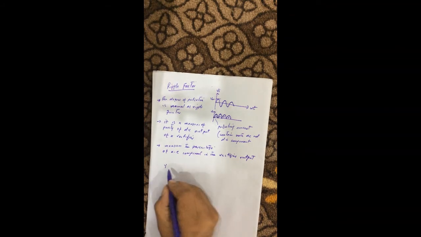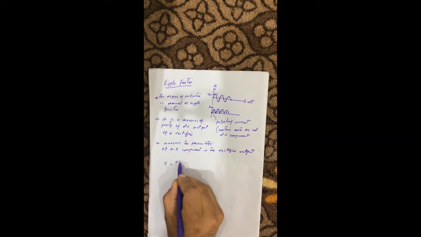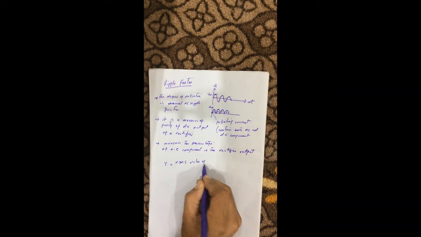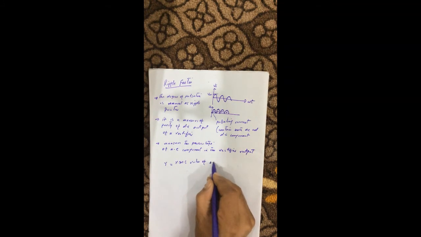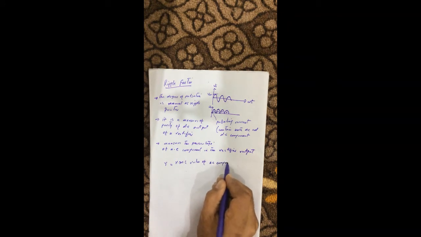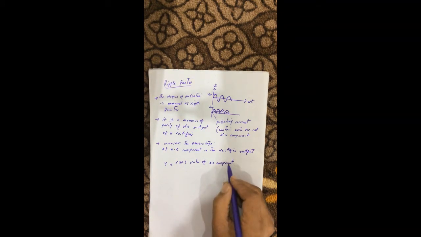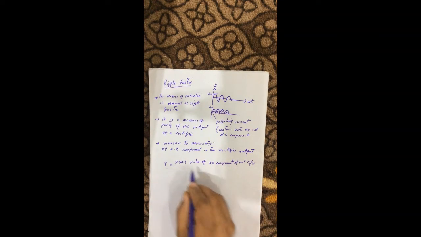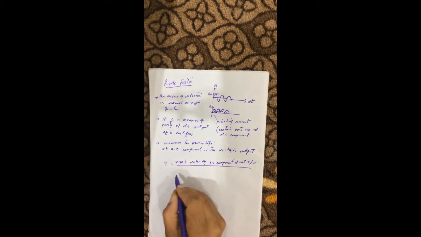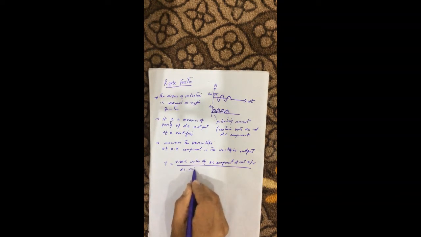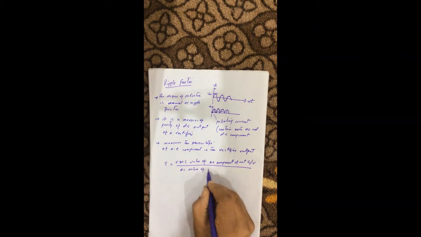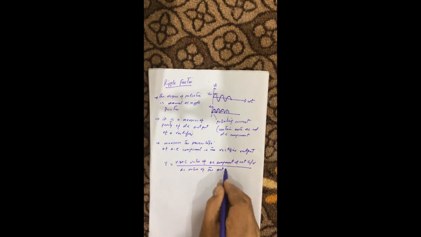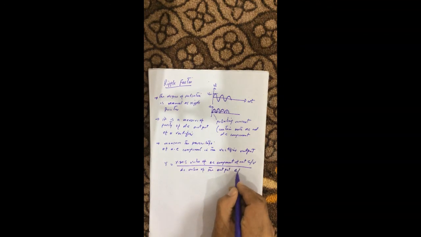This is the ripple factor, which by definition is equal to the root mean square value of the AC component of output current or voltage divided by the DC value of the output current or voltage.